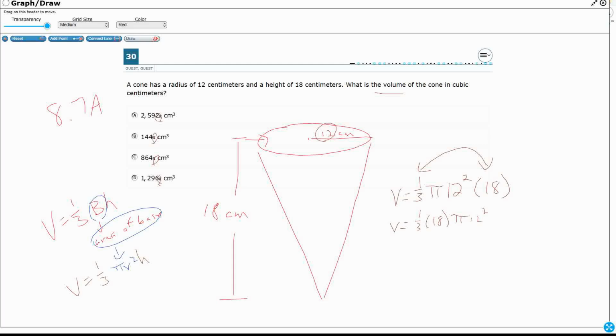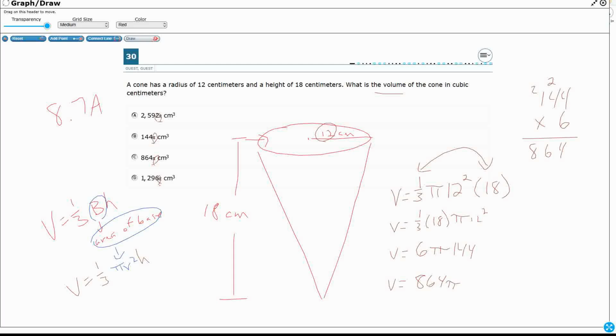So 1/3 of 18 is 18 divided by 3, so that equals 6. 6 pi, and then 12 squared happens to be 144. So I just need to multiply 6 times 144. I can do that with a calculator, or I can do it longhand. That's 24, that's 26, 864. So volume is going to equal 864 pi.